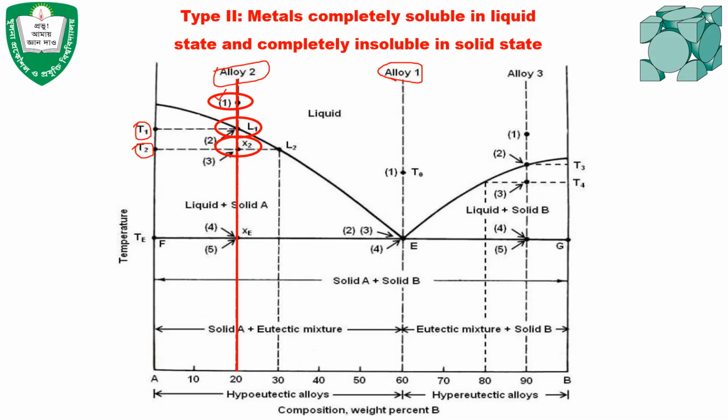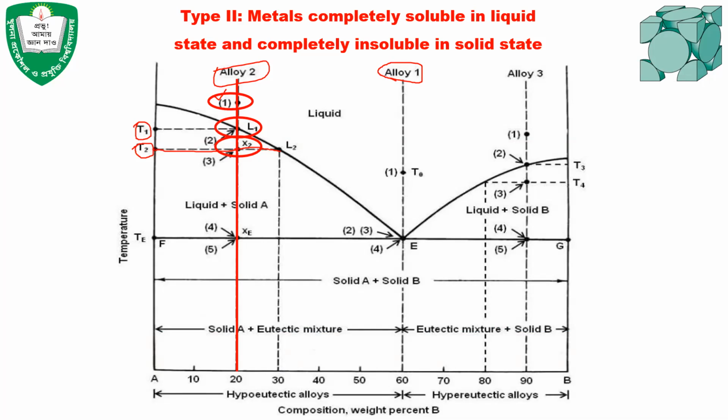That means the relative amount of each phase. And how do we apply the lever rule? We need to draw a tie line here. The tie line intersects the solidus line at temperature T2 at this point, and this point indicates the composition.